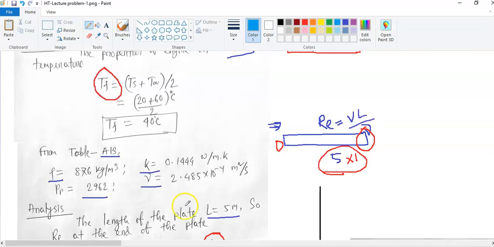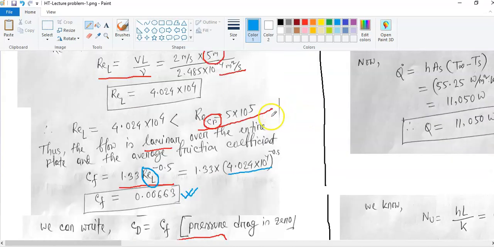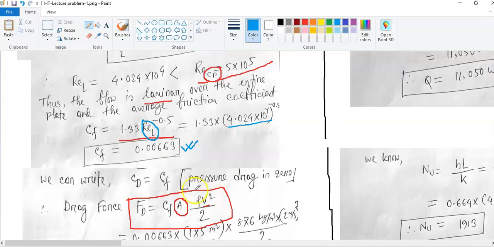In this case, the friction coefficient CF and the drag coefficient are equal because the pressure drag is 0 here, so we can write CD equals CF.